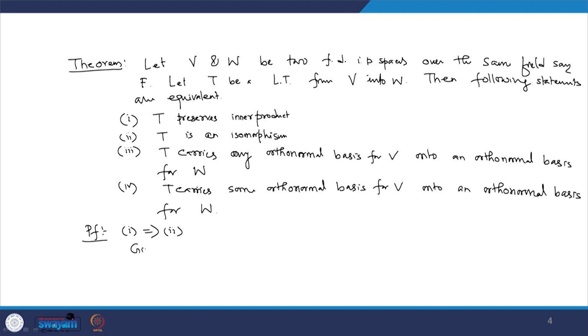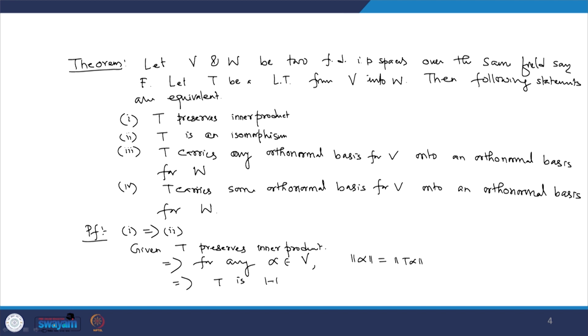So, given T preserves inner product, this implies that for any alpha belongs to V, norm of alpha equal to norm of T alpha. So, this implies T is 1 1.